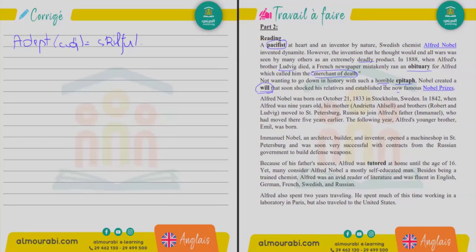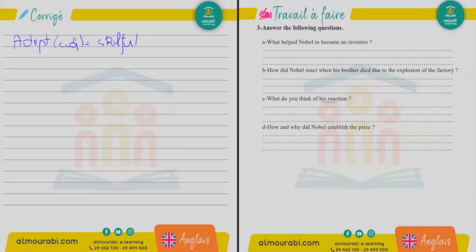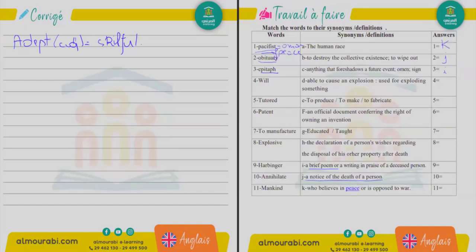What is a will? Coming back here, the word number 4. What's a will? Just tell me about the letter first.